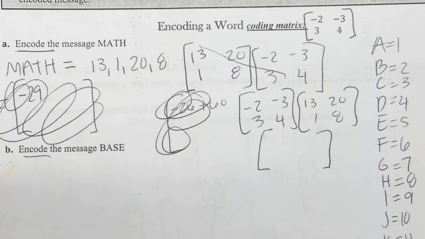Swap the order. Yeah, got that other order here. I accidentally wrote this one first. The coding matrix is supposed to go first. Okay. So that's going to change your product when you swap them. Yes, order matters when you swap matrices.